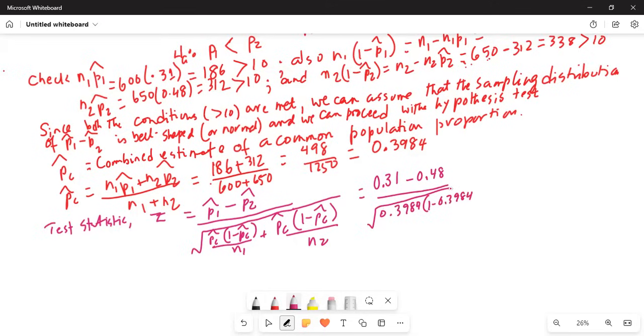This is common in the numerator of both the terms in the denominator. And you multiply by 1 over 600 for N1 plus 1 over 650 for N2. Okay. So if I do the calculations correctly, my test statistic will come out as Z is equal to minus 6.133. That's my test statistic.